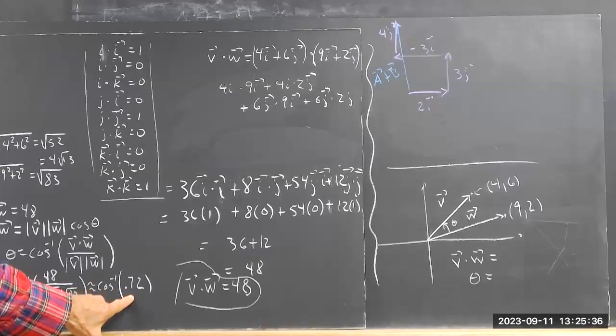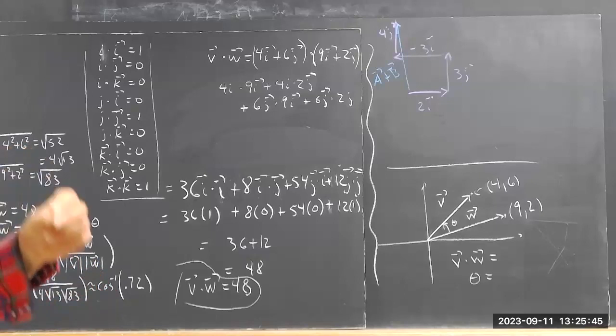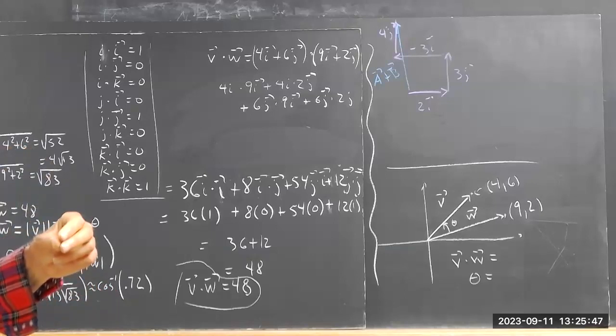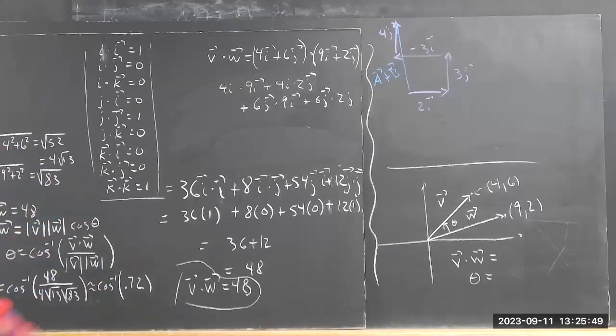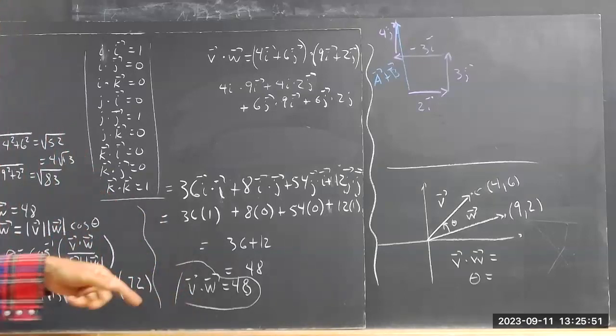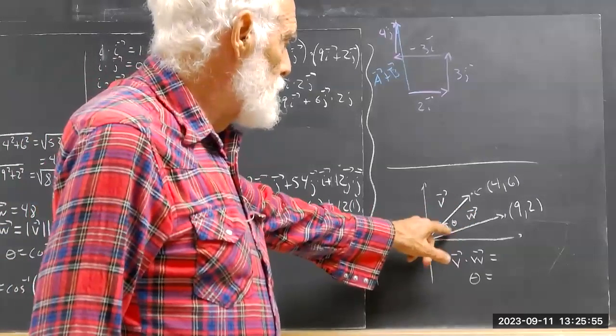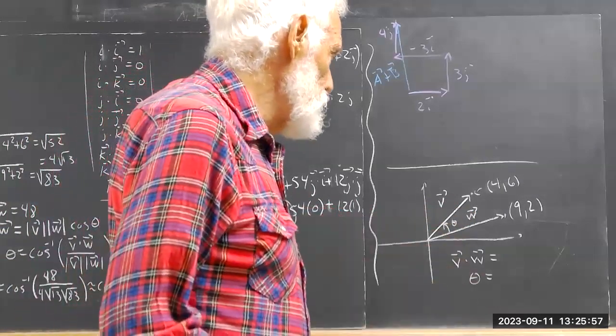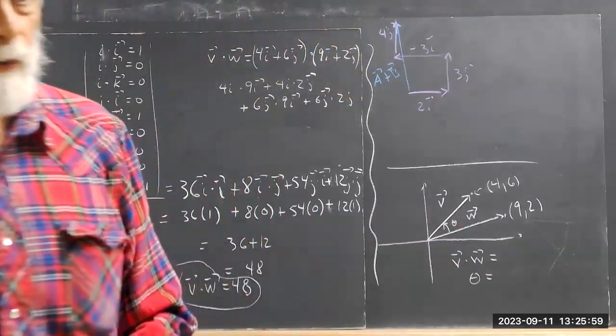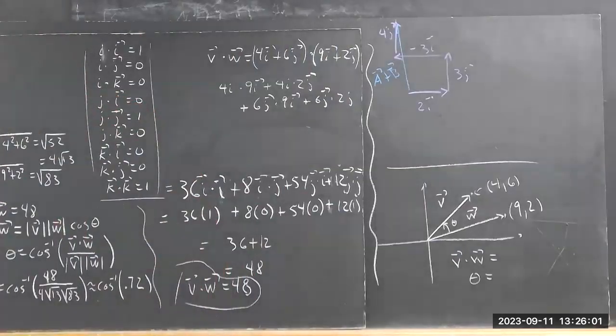Maybe it ought to be 0.63 or 0.65. Anyhow, it's not a bad idea to do estimates, so that you're kind of oriented toward the kind of numbers you expect to get. If I look at these two vectors, I say that angle's closer to 30 degrees than it is to 45. But that's a hand sketch.